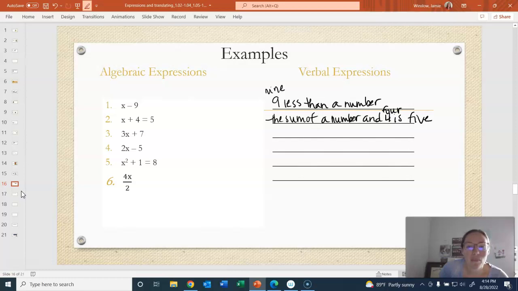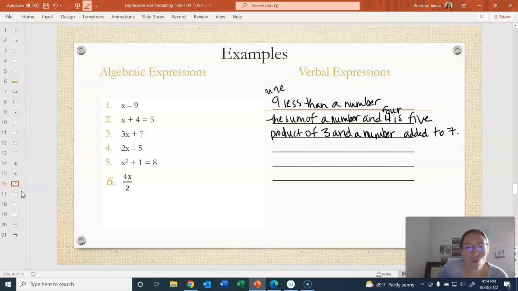Number 3, the product of 3 and a number. And then you might say added to 7, right? Maybe you said something else, and that's totally fine. Like the sum of 7 and 3 times a number. That would work.